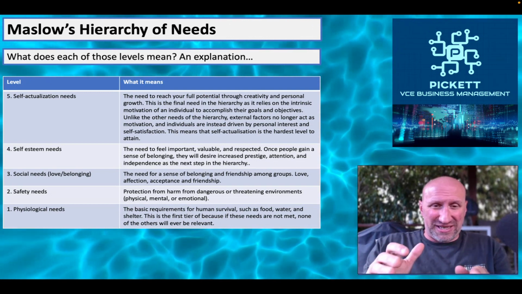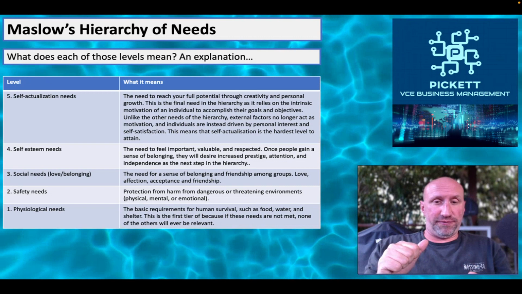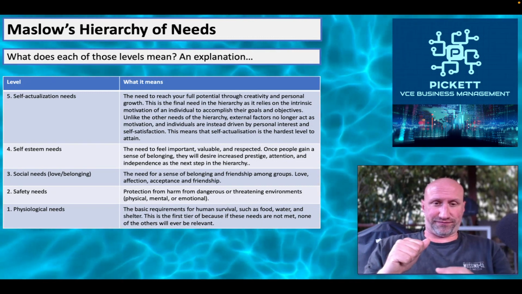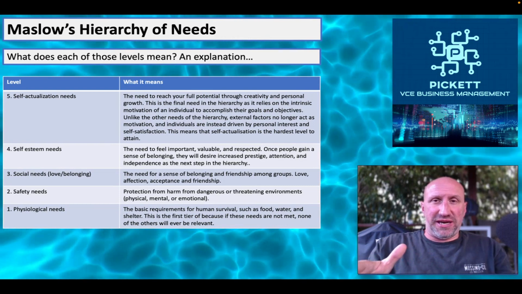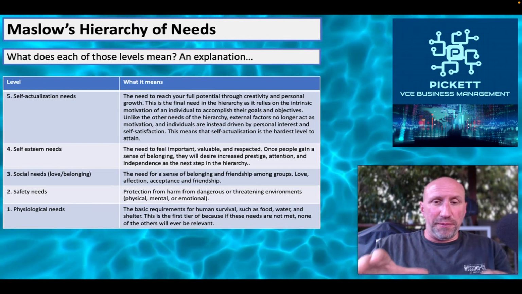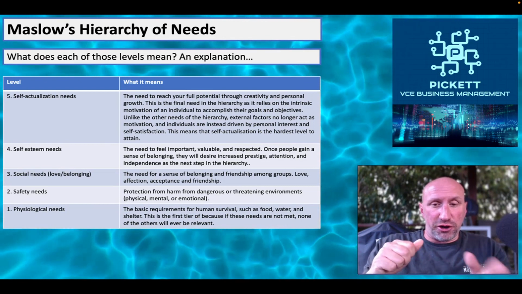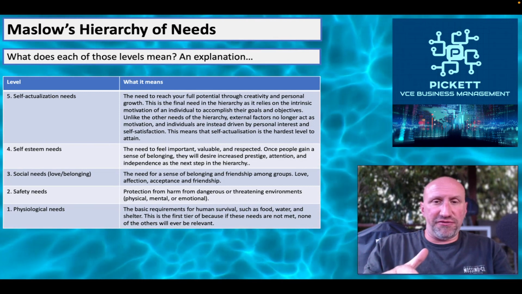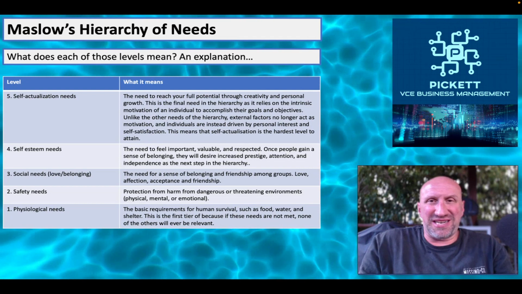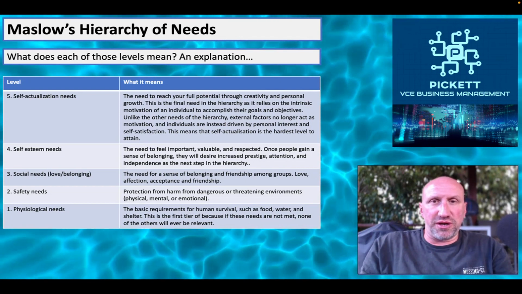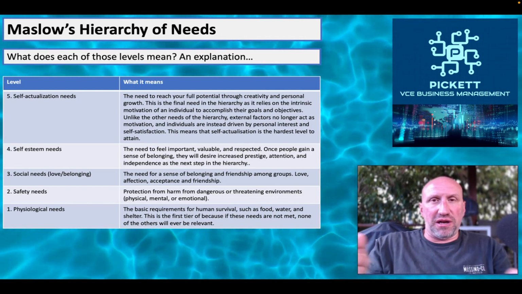So what Maslow says is that the first level, the bottom level, physiological needs, is the basic requirements for human survival: food, water, shelter. This is the bottom tier, the very first level, because if you don't meet those needs, none of the levels above are ever going to be relevant, because you'll basically be dead. If you don't have food, water, shelter, you're not going to last long.